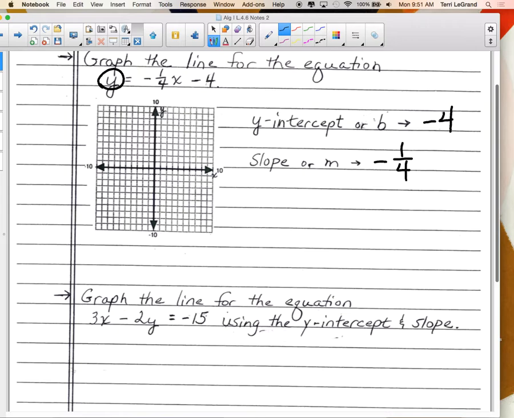-1/4. Okay, tune in. If it's a negative slope, that means what? It's gonna fall from left to right. So does that mean both the rise and the run will be negative? Only one of them has to be. So let's come up with both ways that we could use this slope to graph points.